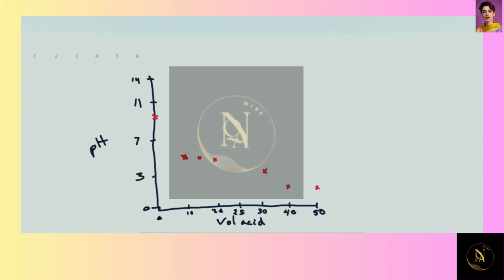So we can draw our curve here. So we have this rapid decrease at first, and then it sort of slows down, smooths out as we would expect from a buffered solution. It goes through these points here, and then we have our equivalence at 31.25 milliliters, so we have a slight decrease here.